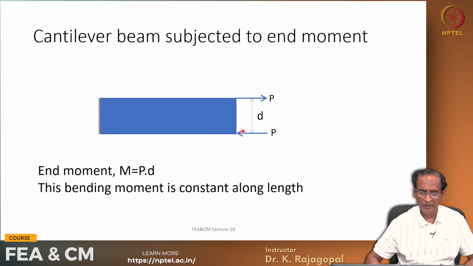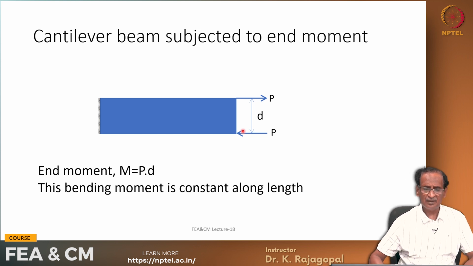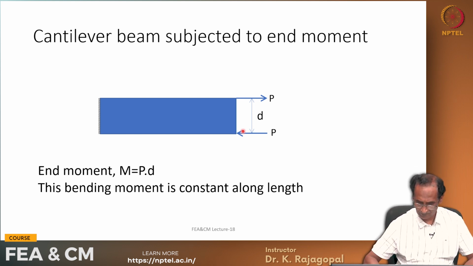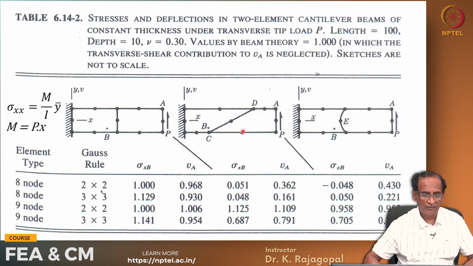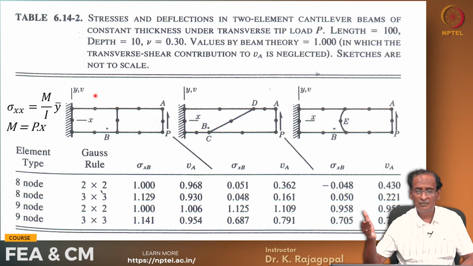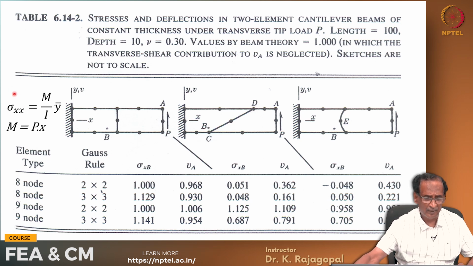Similarly, if you want to get flexural stress, when you have a beam, sigma x is M by I times y bar. M is the moment, that is the shear force multiplied by the distance.